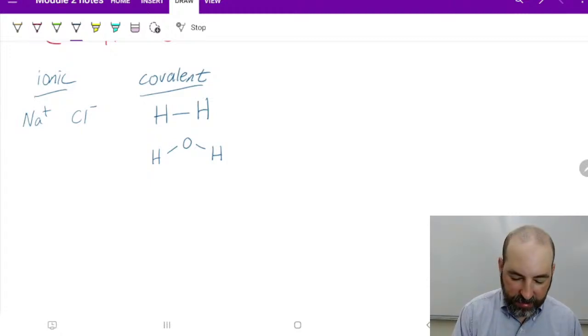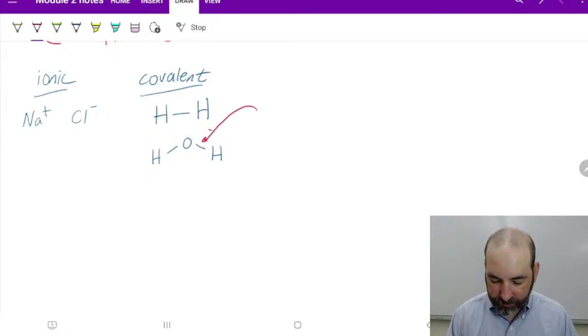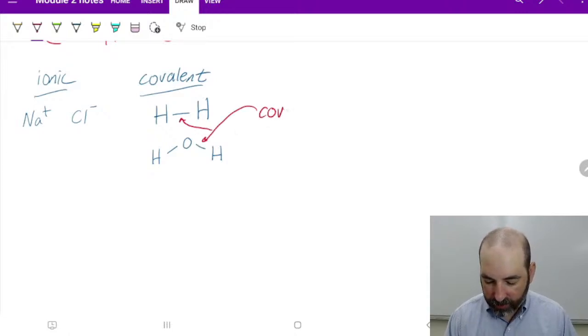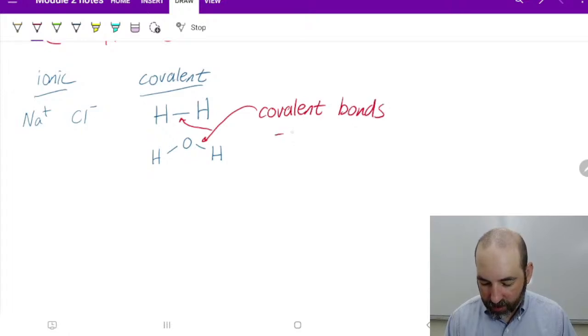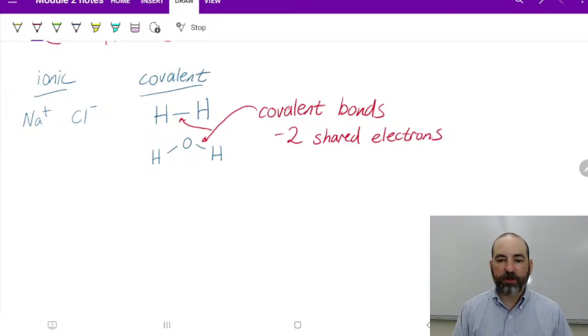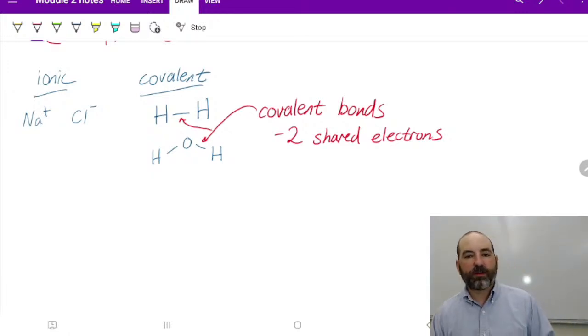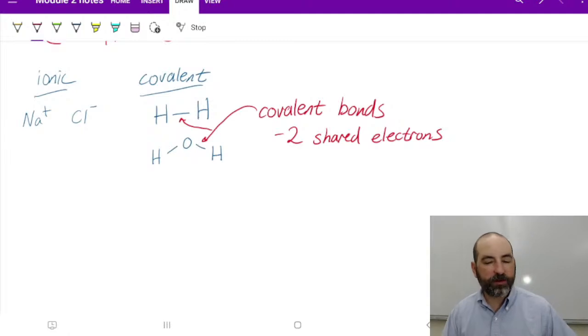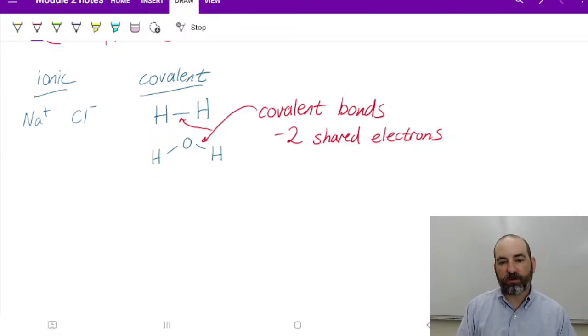And these lines that we draw are called covalent bonds, and they represent two shared electrons. So those two atoms share electrons, and they're then bonded. They're really just close enough that those two electrons can occupy both atoms. When we get into electronic structure, we'll understand that term a little bit more when we talk about valences. But for now, just know those lines are two shared electrons.